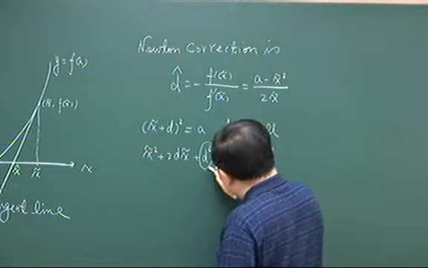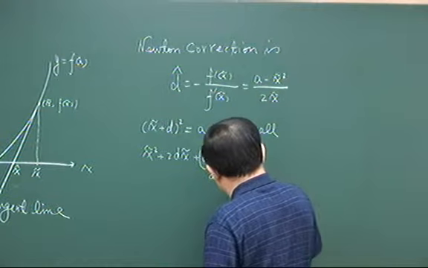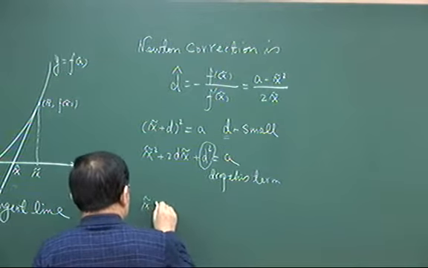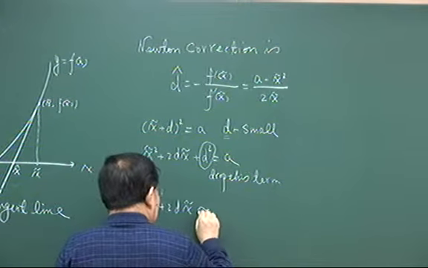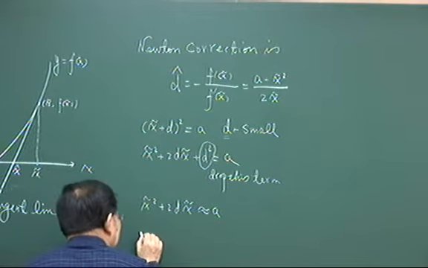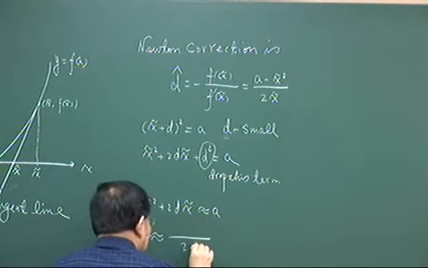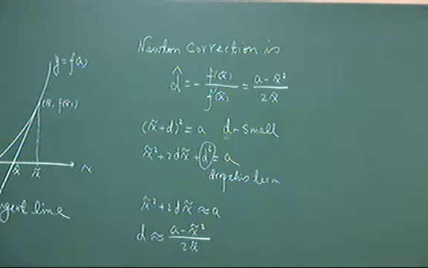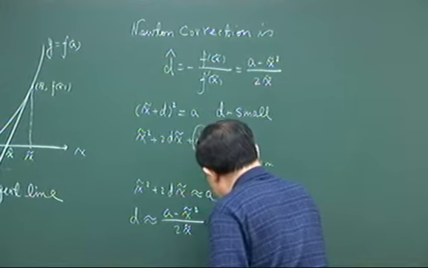So we can drop this term to get x squared plus 2dx approximately equal to a. So we get d is approximately (a minus x squared) over 2x.